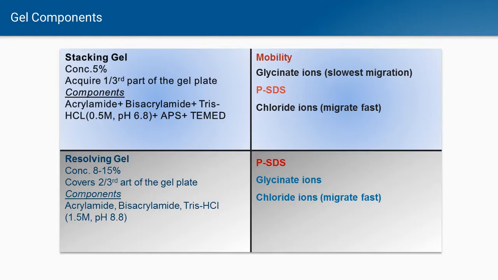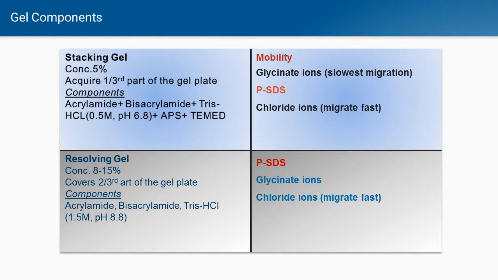Here you can clearly see the components of the stacking gel and resolving gel, as well as the mobility of ions. It is very important to keep in mind what is happening in the stacking gel and what is happening in the resolving gel, and it all depends on the mobility of ions. In the stacking gel, the glycinate ion moves the slowest, followed by the SDS-bound protein, and the fastest moving ions are the chloride ions.